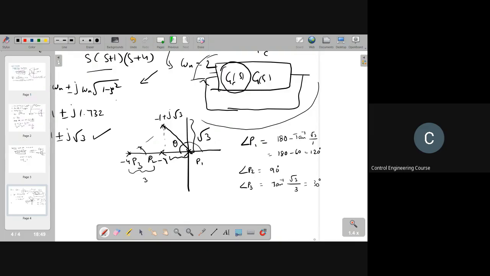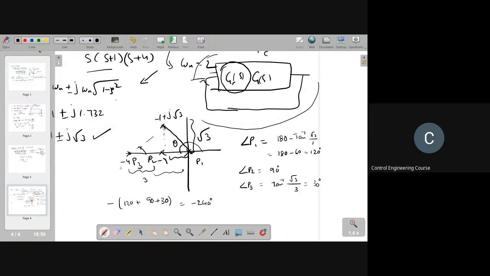Now the total angle contributed by all these 3 poles P1, P2, P3, because they are in the denominator, is minus of 120 plus 90 plus 30. So the total will be minus 240 degrees. But what we require is 180 degrees.